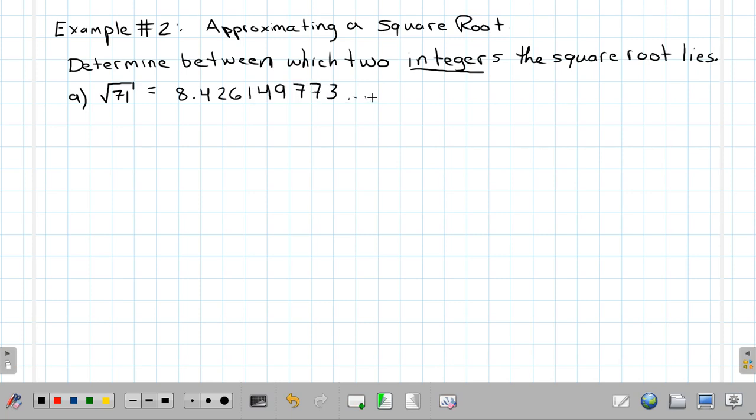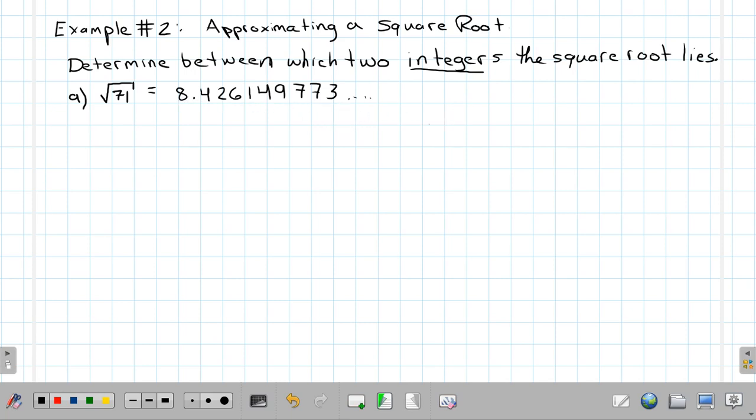Once again, that's what we would consider an irrational number. But we can look at this number and tell that it is 8.4. That means it's bigger than 8, but it is less than 9.